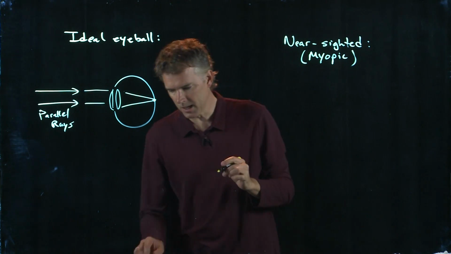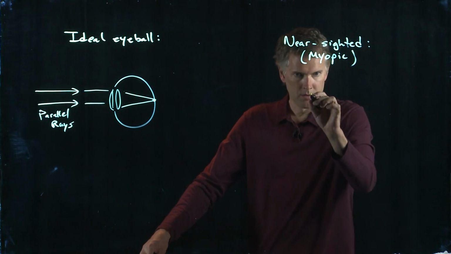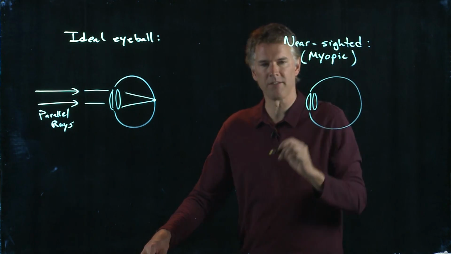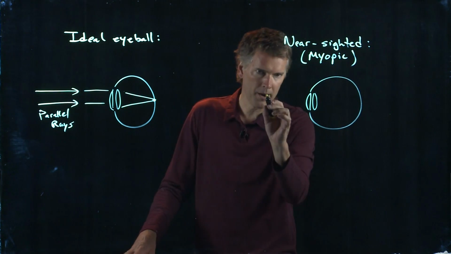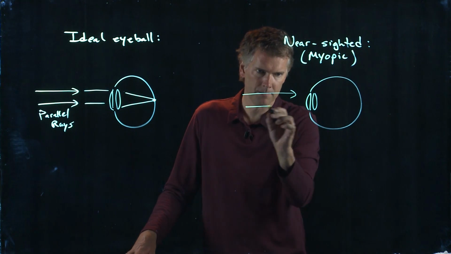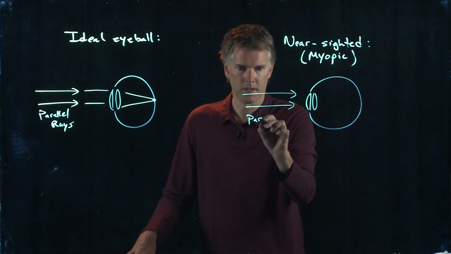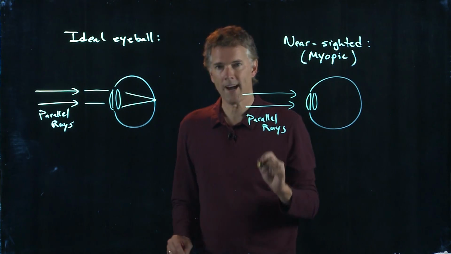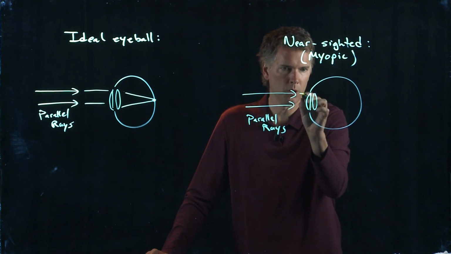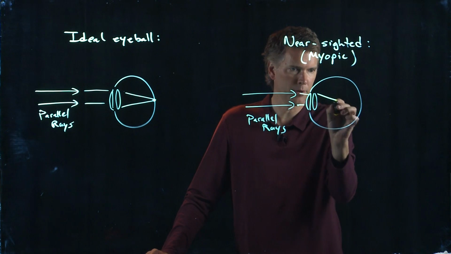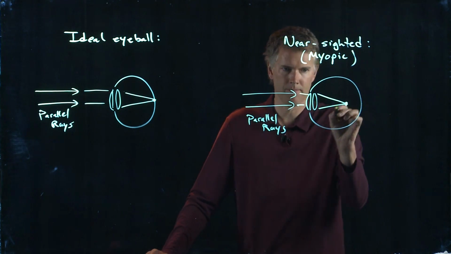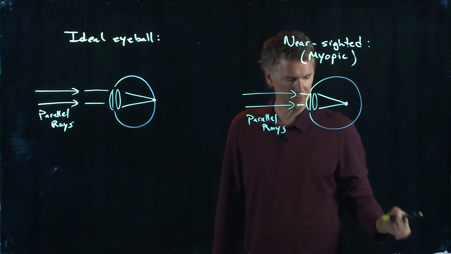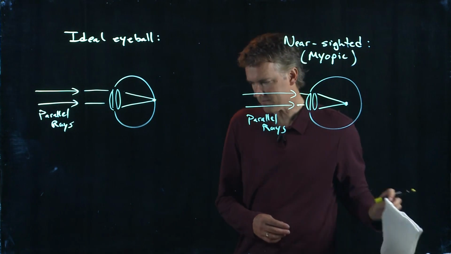And myopic means that you're not focusing the light quite at the right spot. So parallel rays coming in, again, will now focus too close. When they go in, they focus there, not on the retina where your photoreceptors are, okay?